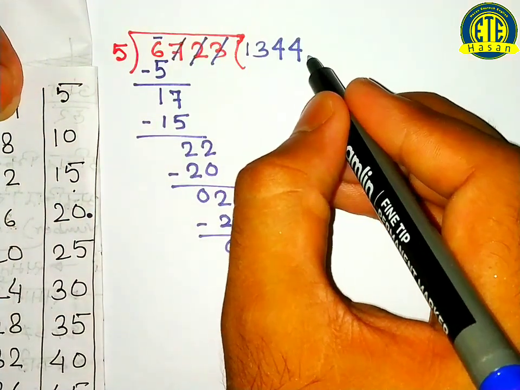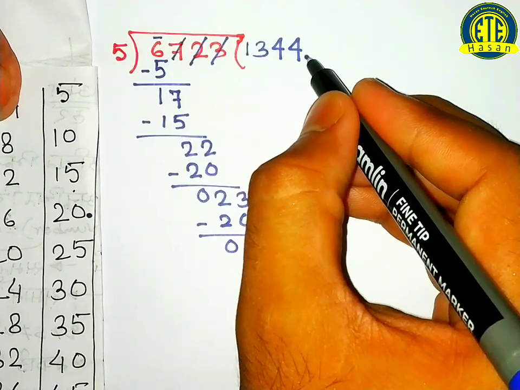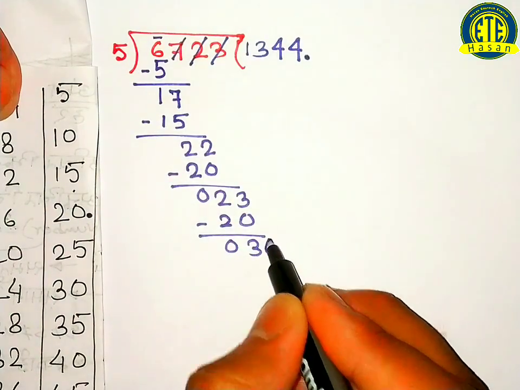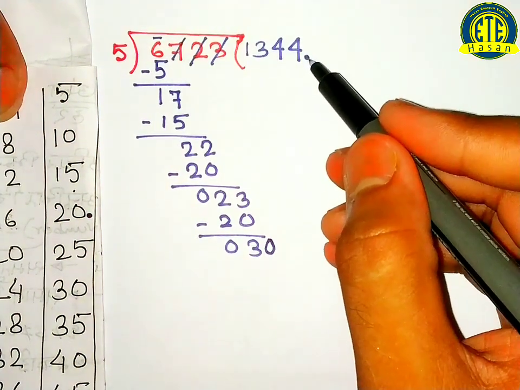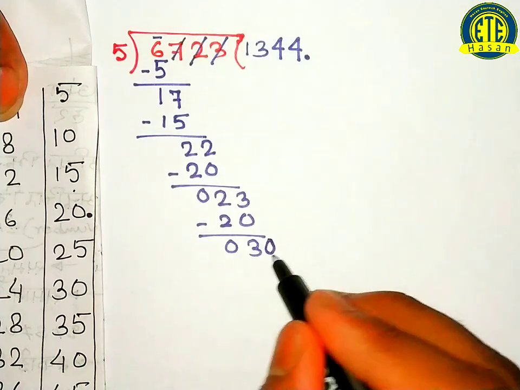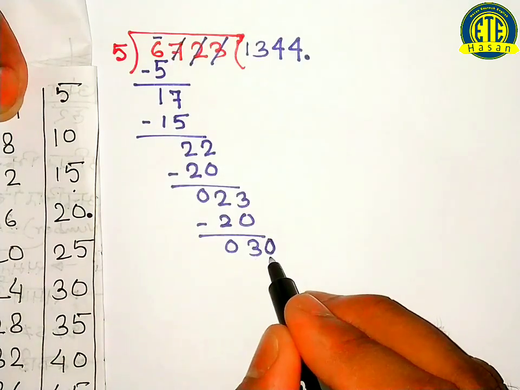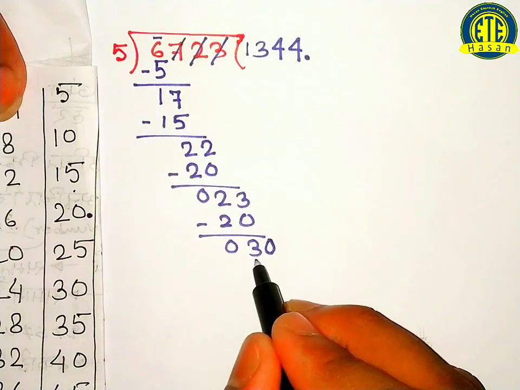Now when you put a decimal point here in the question, I will get a single 0 in the remainder place. After getting 0, we have 30.